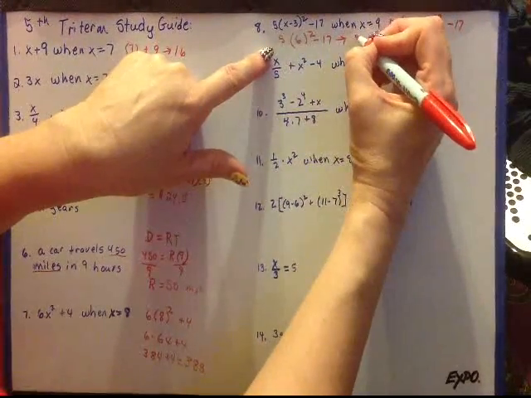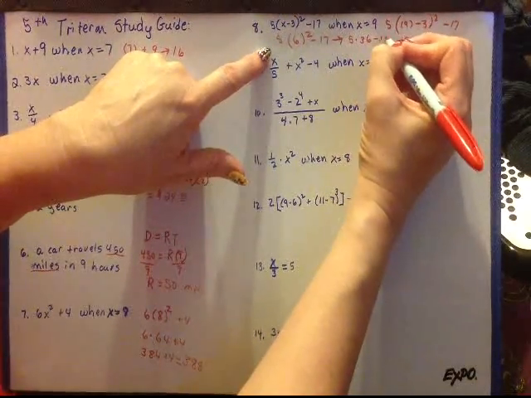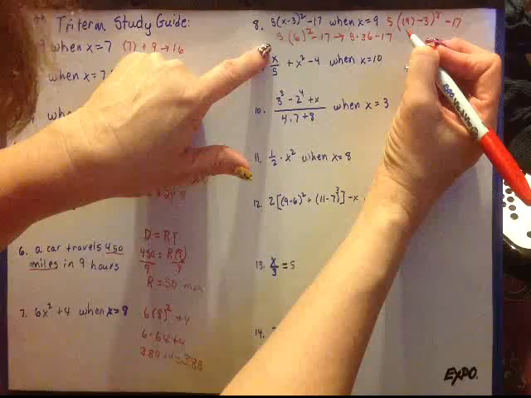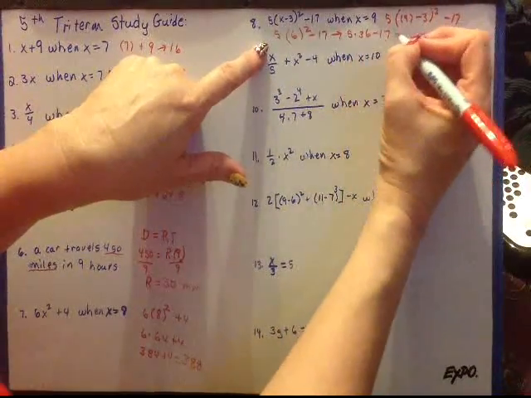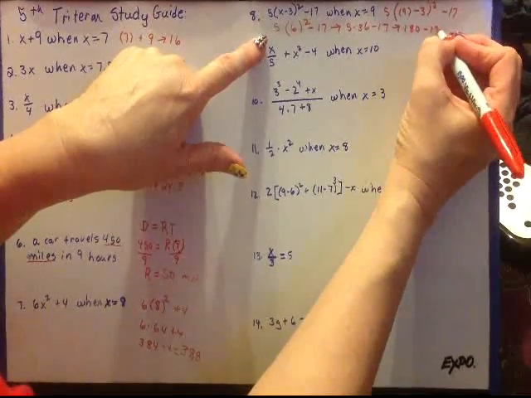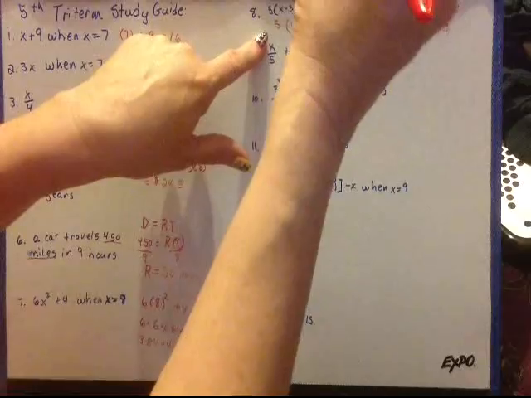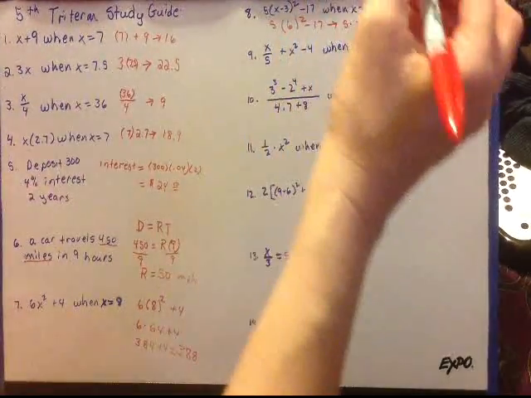And 6 squared is 36. So we've got 5 times 36 minus 17. And 5 times 36 is 180. Minus 17, our final answer then is 163.